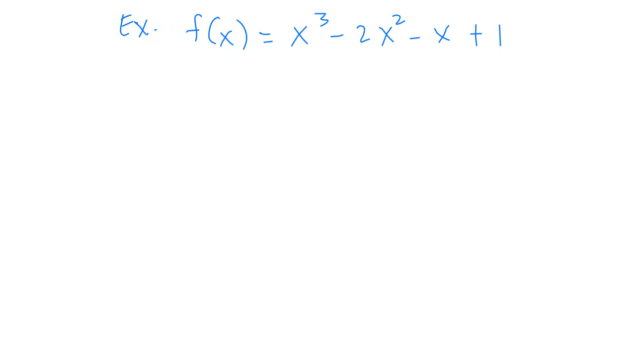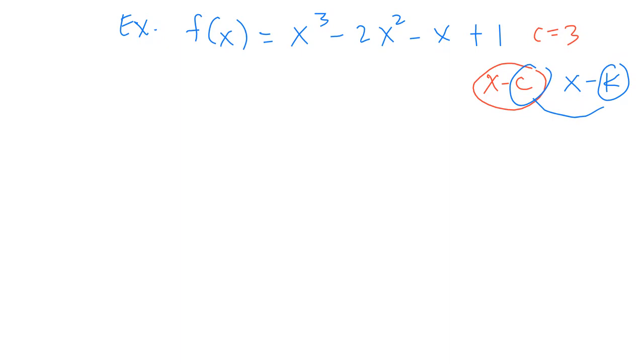And our formula here is x minus c, and our c given here would be equal to 3. We said earlier that x minus c is the same as x minus k. So your c here is about the same value as your k here.